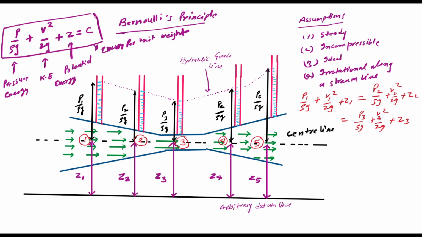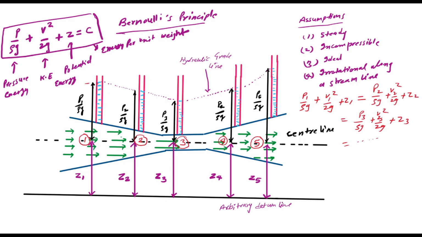Here it is v3 because it is the third point, and so on. So what is p upon rho g? P upon rho g is the height from the center up to this level, and p2 upon rho g is from the center of the second point up to this height, right?